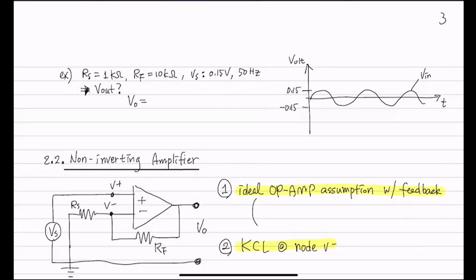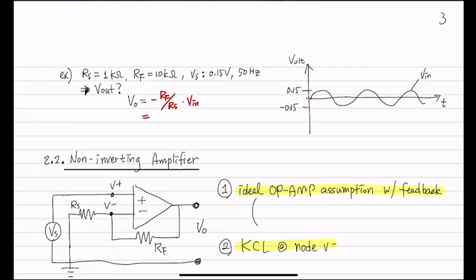Your Vout is negative Rf over Rs times Vin, right? I have to confess that I very often use Vs and Vin interchangeably, so hopefully you understand by the context, okay? Vs is almost the same as Vin in general, right?